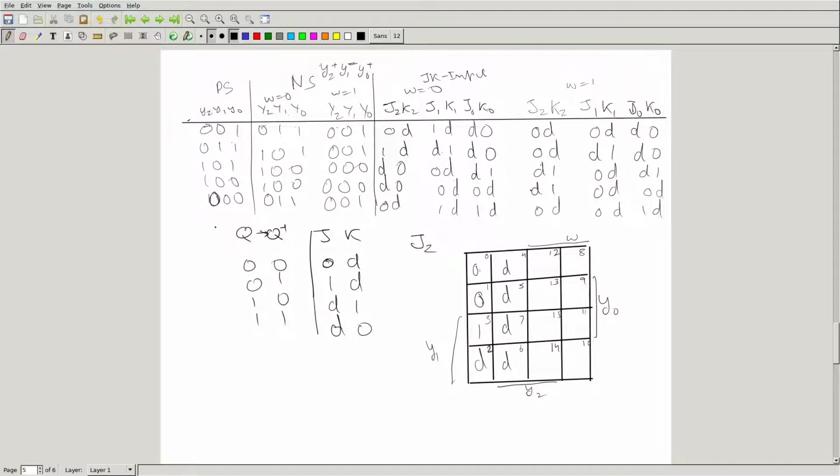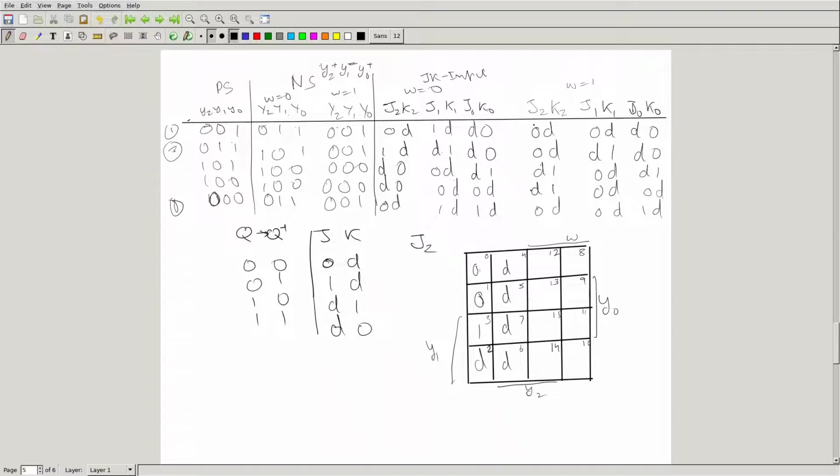Because we have a closed state diagram for all these states, so we will never go to the other states that haven't been encoded. So we only need to fill in J2 corresponding to 1, 3, and 0. So fill those up, and then we have a lot of don't cares.